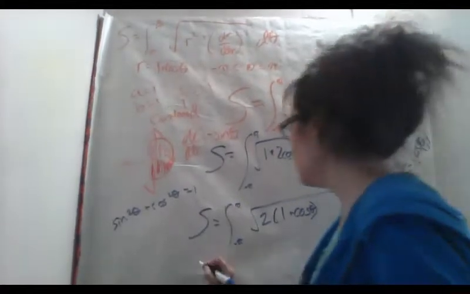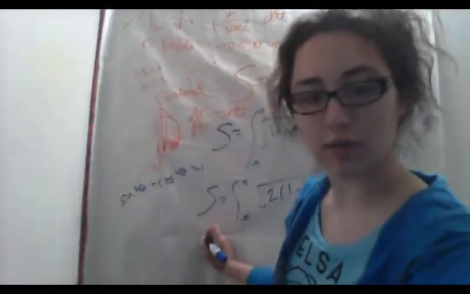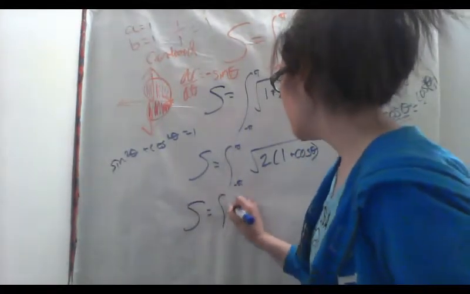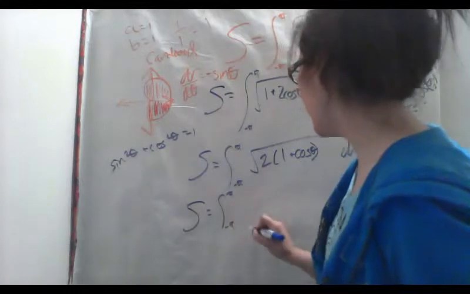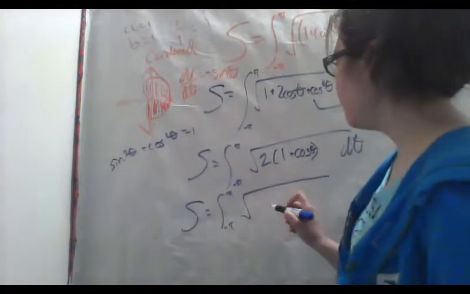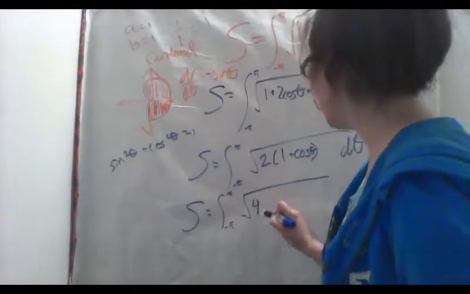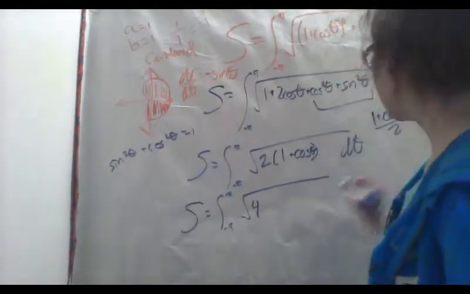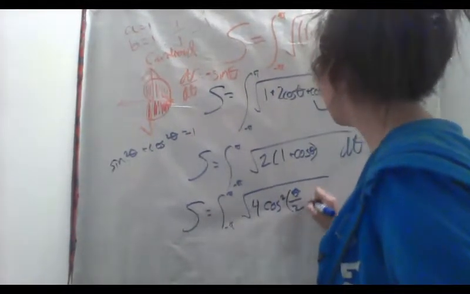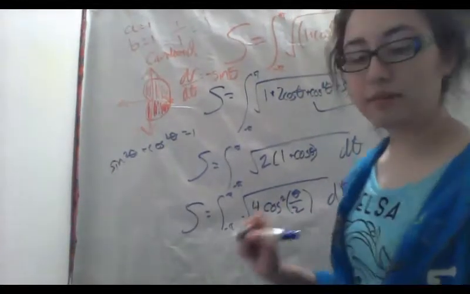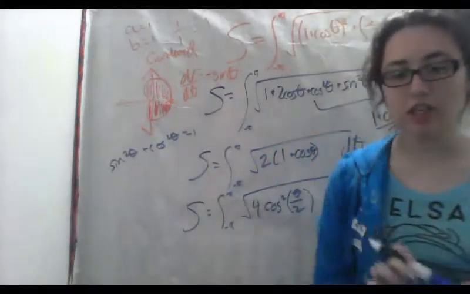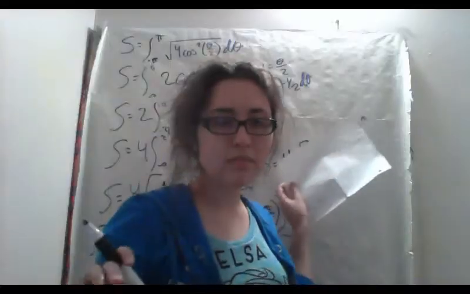And there's going to be 2 of those in the equation. So S equals the integral from negative pi to pi. Now there's 2 of those, so it's actually 4 when you replace it. So 4, and then we'll replace it with cosine squared theta over 2 d theta. And then in the next paper, I will actually integrate, and you'll get your answer very easily.